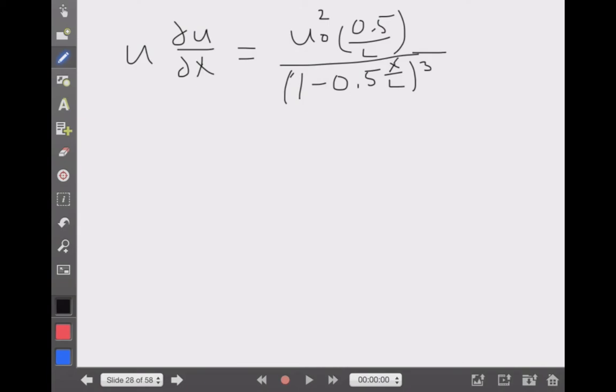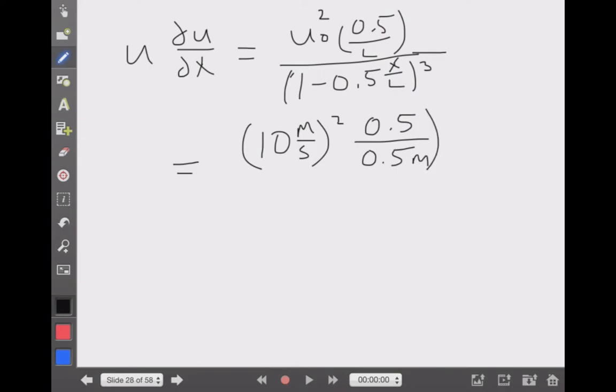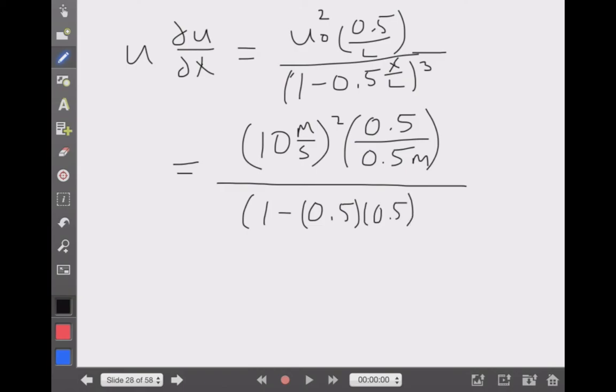So let's plug in for this and see what it equals. We know that u naught is 10 meters per second, so this is going to be 0.5 over 0.5 meters, and in the denominator, we have 1 minus 0.5 times 0.5, all of this cubed.